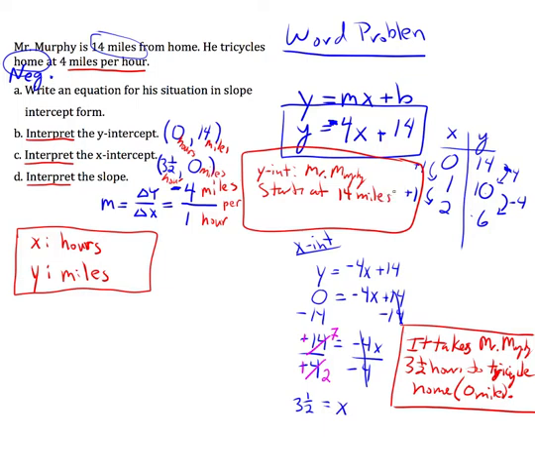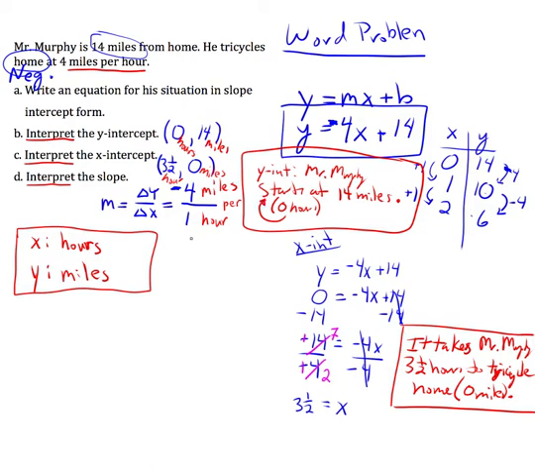And that word starts is that 0. It's the 0 hours, so you could write it as Mr. Murphy at 0 hours is 14 miles at 0 hours if you'd like. But a lot of times we say the sentence, Mr. Murphy starts, or is at the beginning at 14 miles. So I'm going to put in here 0 hours to be very clear that that word start means 0 hours.